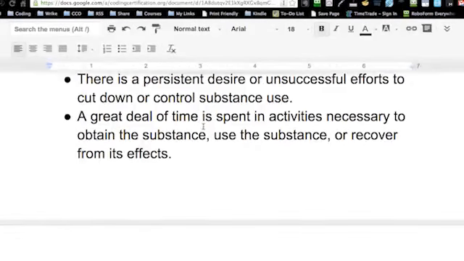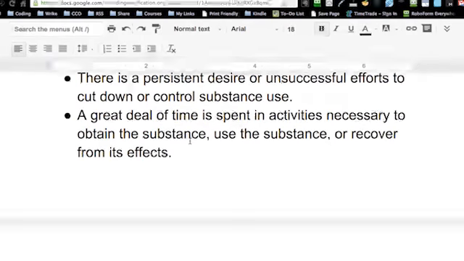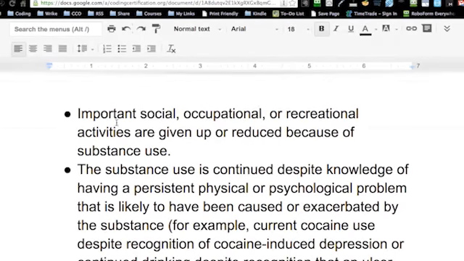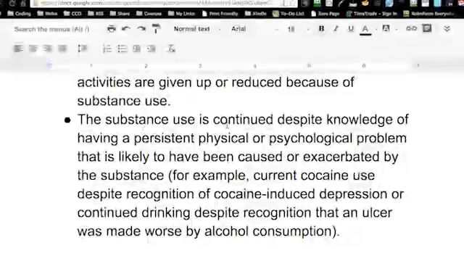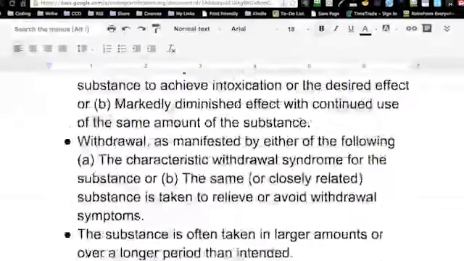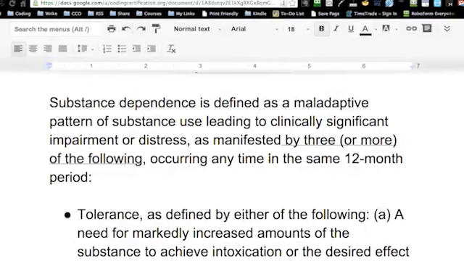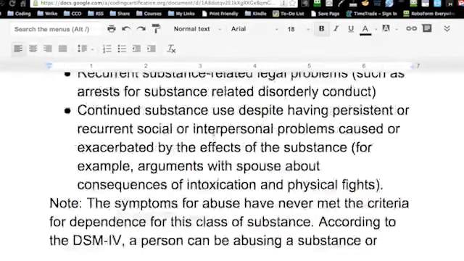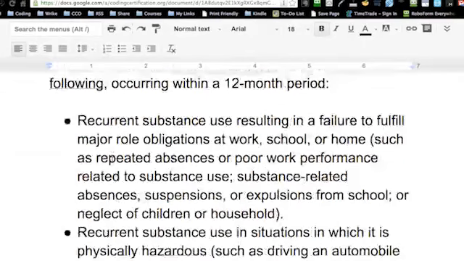A great deal of time is spent in activities necessary to obtain the substance, use it, or recover from it. Important social, occupational, or recreational activities are given up or reduced because of it. And the substance use is continued despite knowledge of having a persistent physical or psychological problem, like cocaine use causing cocaine-induced depression, or liver problems. So that is the difference officially between abuse and dependence. Dependence is 3 or more of those bullets, and abuse is 1 or more of these bullets.